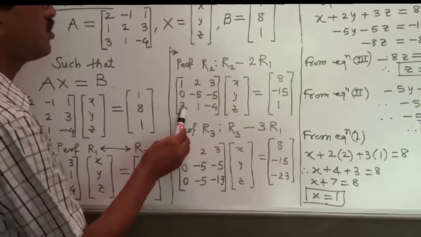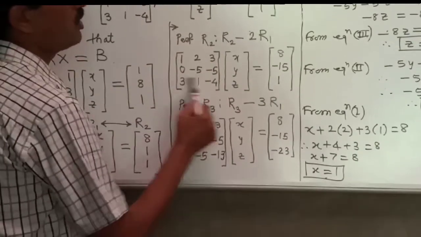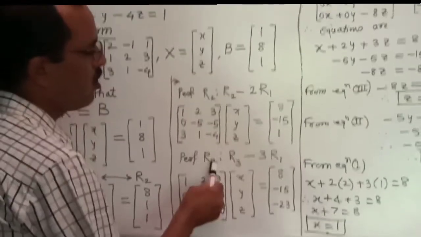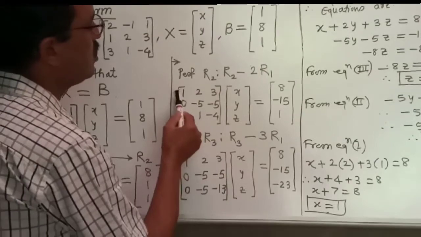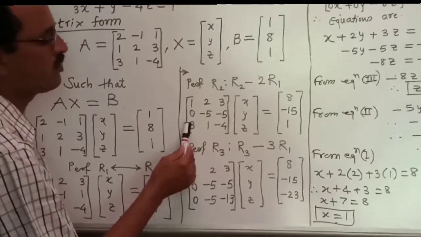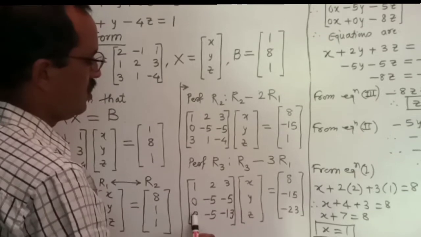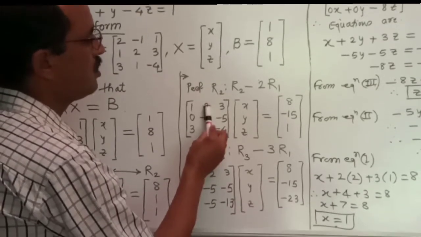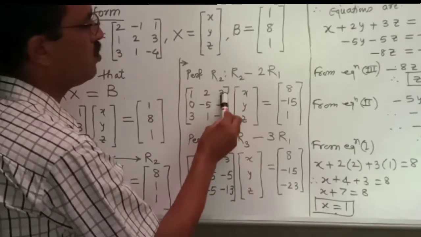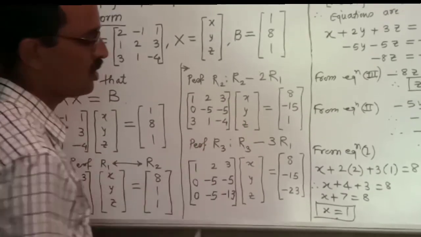Then we convert this 3 into 0. Means we change R3 on both sides. So perform R3 such that R3 minus 3R1. That means we multiply this R1 by 3 and then subtract from R3. So 3 minus 3, that is 0. 1 minus 3 into 2, 6, minus 5; minus 4, and we multiply this 3 into 3, means 9; minus 4 minus 9, minus 13.